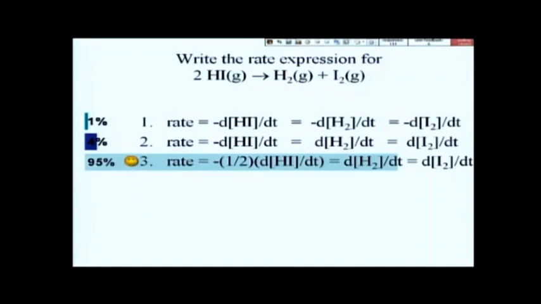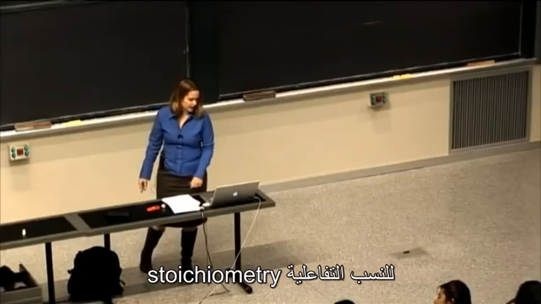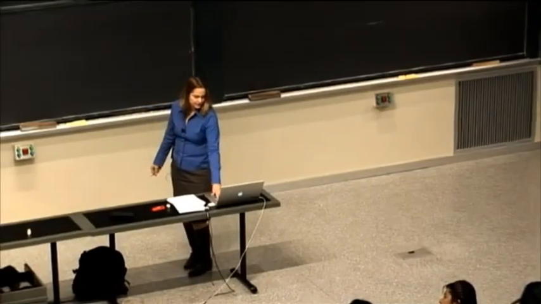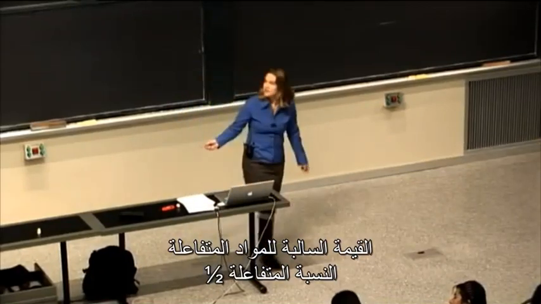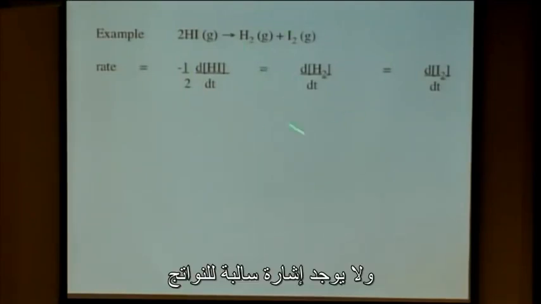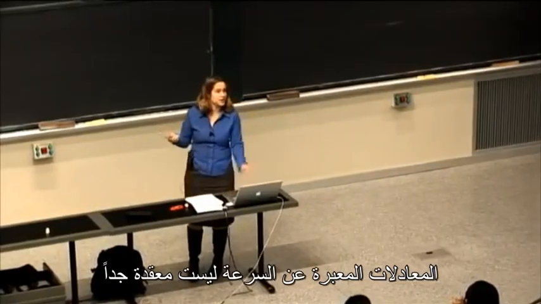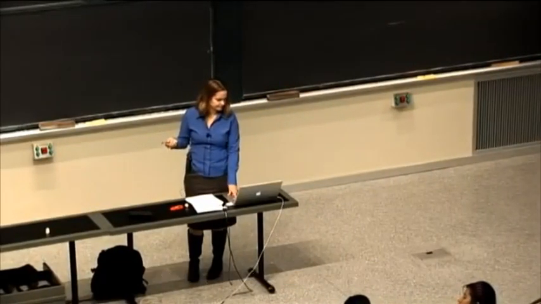Excellent. So you just have to pay attention to your minus signs and your stoichiometry. It's minus for the disappearance, stoichiometry 1 over 2, and then no negatives for your products, the things that are appearing. Very good. Rate expressions, not that complicated.